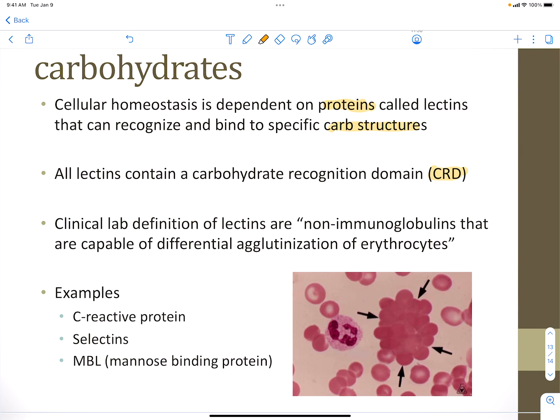We also have our own series of lectins. We have a lectin called C-reactive protein, which is important in activating complement, for example. We also have a series of selectins and a mannose binding protein. All of these are involved in the immune system and in protection against potential pathogens. This is just an example of a lectin binding to the ABO antigen and agglutinating the red blood cells.